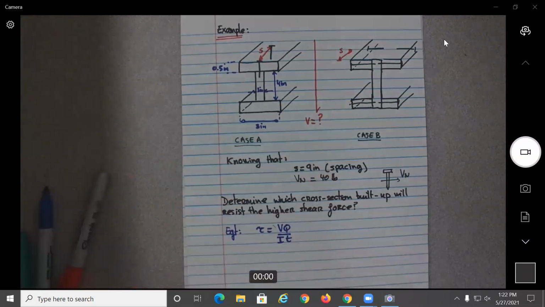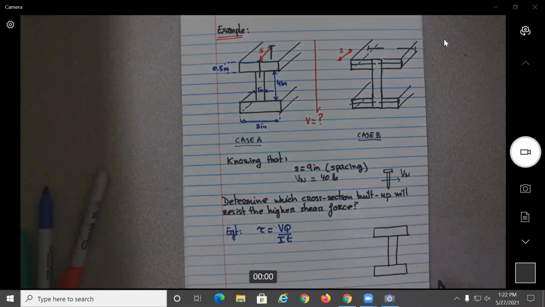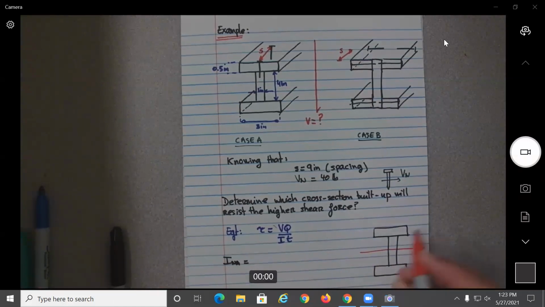So here, I'm going to go a bit faster. Let's see, we have here our cross section. The I about the neutral axis will be equal to what? We know the neutral axis will be in the middle.